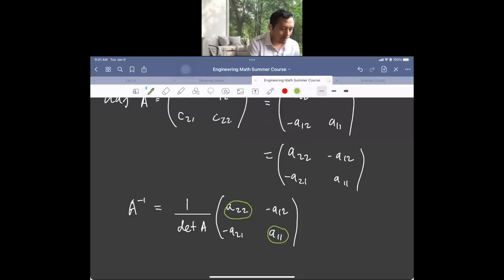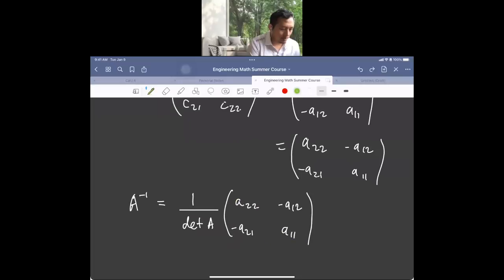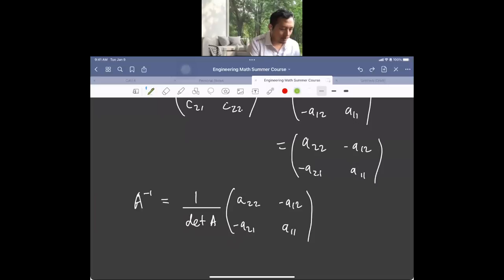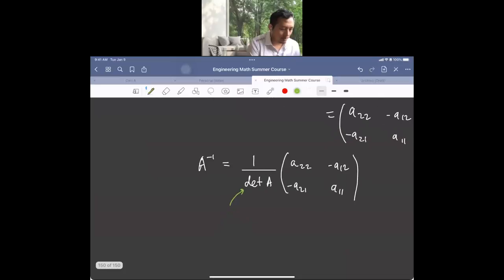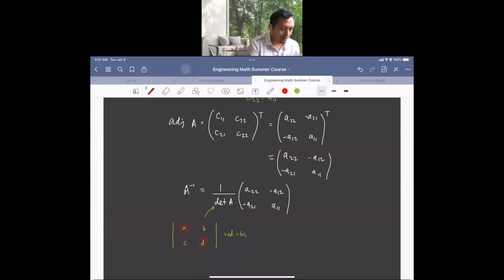If you calculate the determinant, usually this is what you have in high school, right? Determinant is AD minus BC. So if you write wrong in this A and D, I think it's still the same result for determinant.